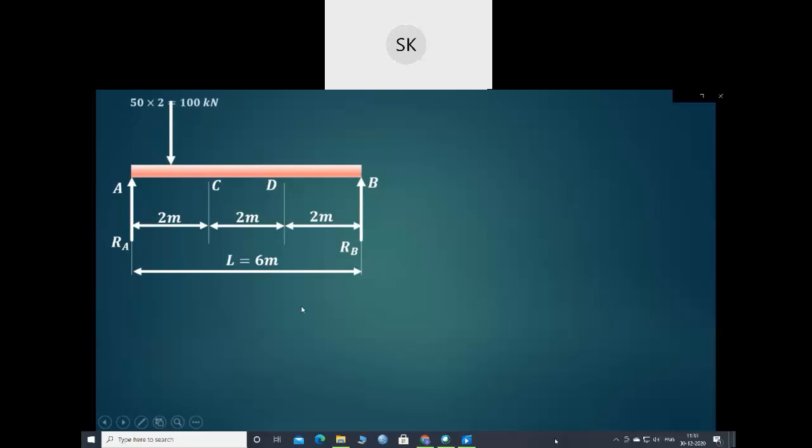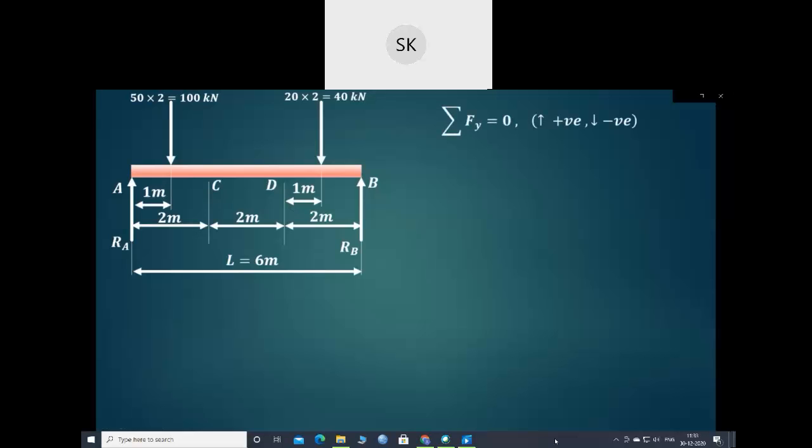So we have converted that uniformly distributed load into point load. Now this point load is acting at the center, so over here it will be acting for a distance of 1 meter, and over here also it is acting for a distance of 1 meter.